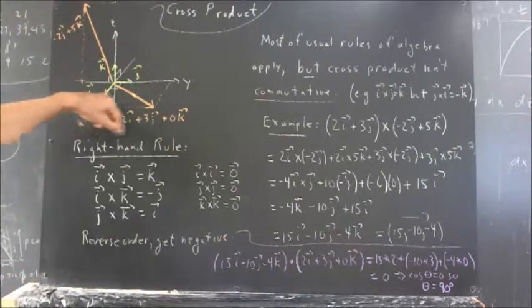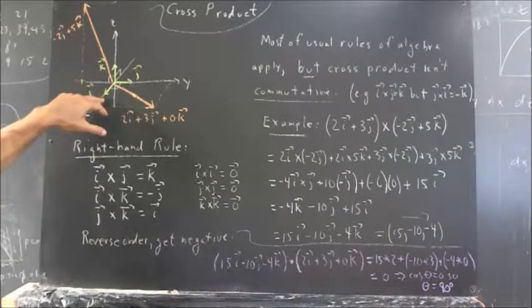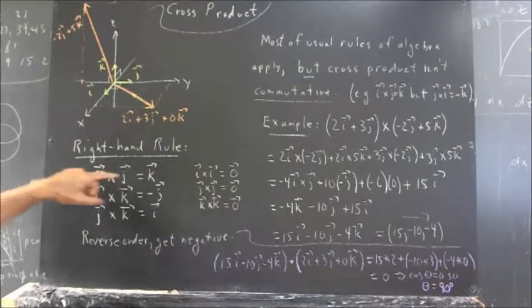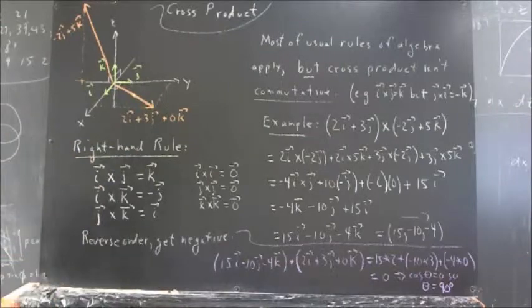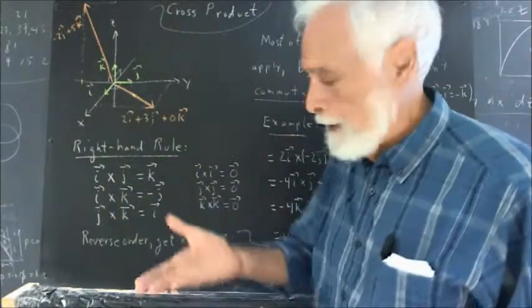Okay, the right-hand rule applies when we do what's called a cross product, and we define the cross products of i and j, i and k, j and k in terms of the right-hand rule. Now the right-hand rule says, let's say we want to find the cross product of the vector i and j.